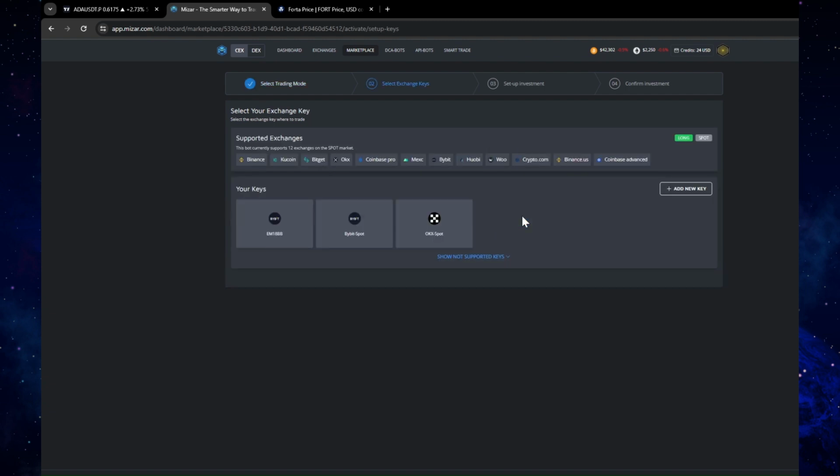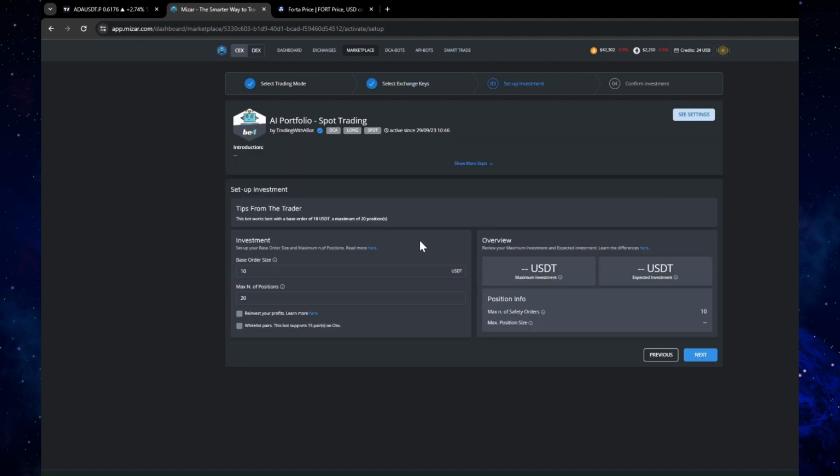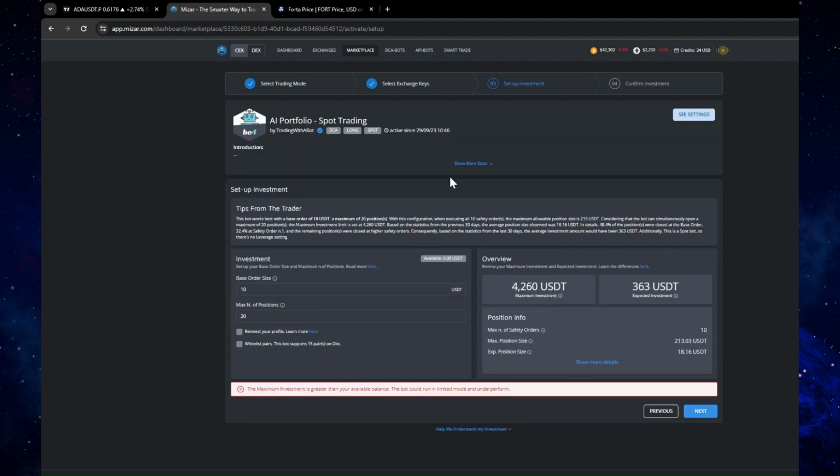Then when you click on real trading, from the exchanges that you have connected under the exchange tab, Mizar will say, all right, some of them qualify. So for example, for me, I would say, okay, OKX, I will go with that one.